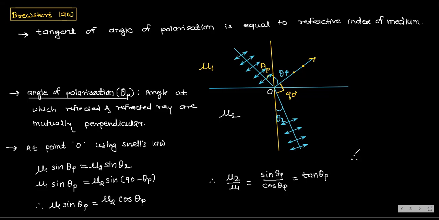And hence what we are getting now, tan of theta p is equal to mu2 by mu1, right? Clear? Yes, this is what your Brewster's law is.